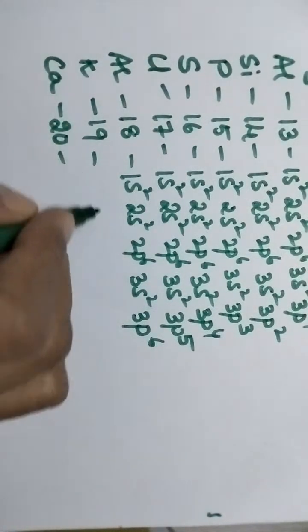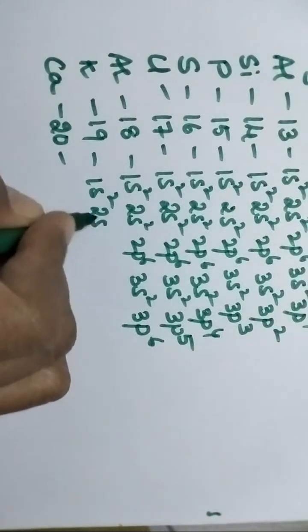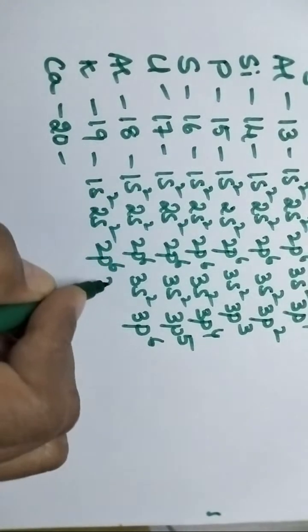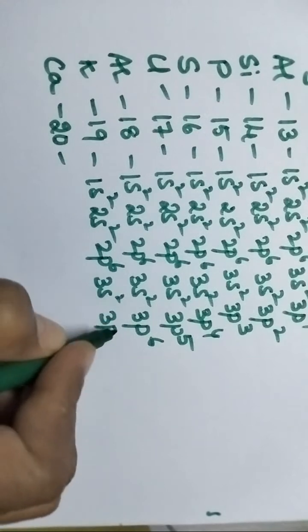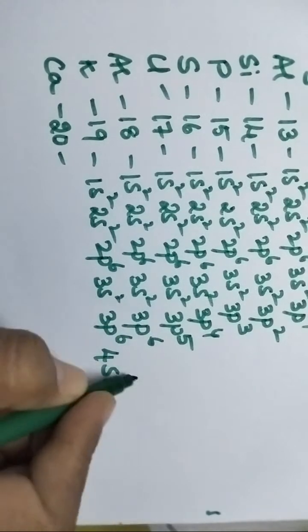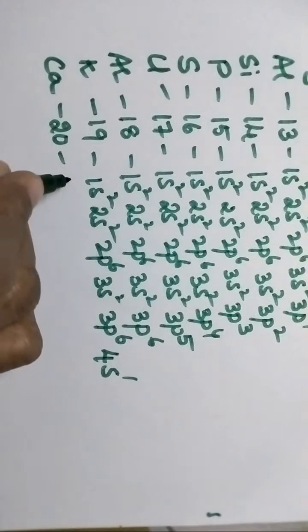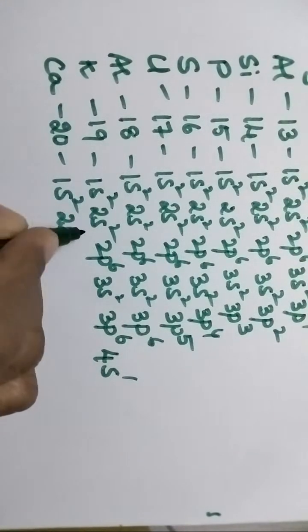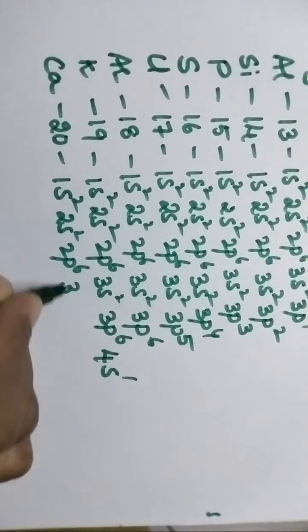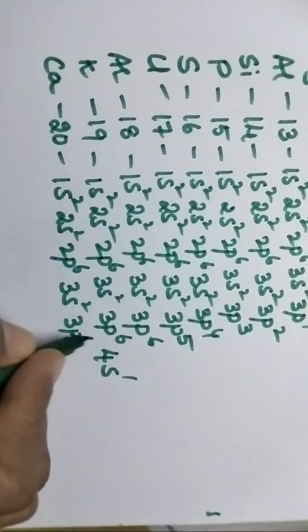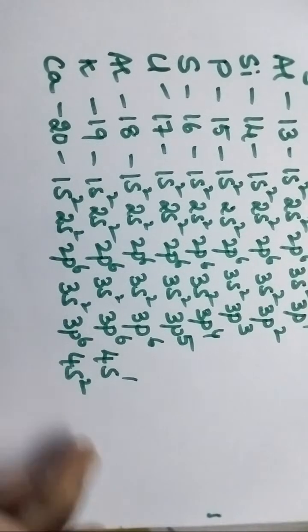Coming to the potassium, 1s2, 2s2, 2p6, 3s2, 3p6 and 4s1. Coming to the calcium, it is 1s2, 2s2, 2p6, 3s2, 3p6 and 4s2.